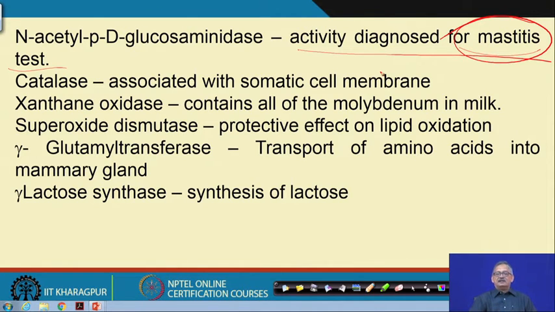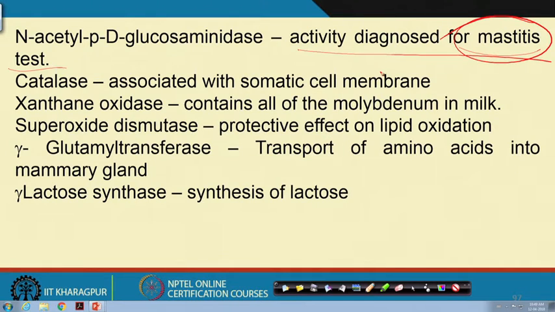That is nothing but infection at the udder of the animal, that is called mastitis by the doctors. So, this is one term which we have not come across, mastitis.